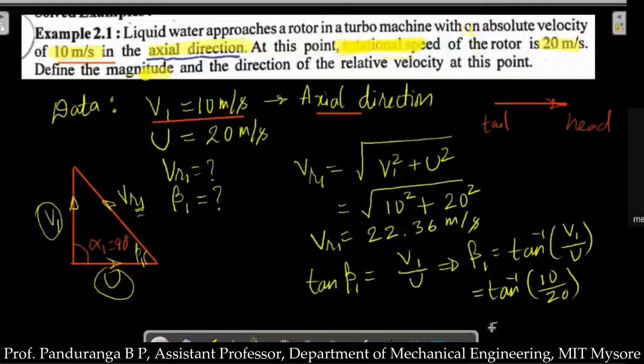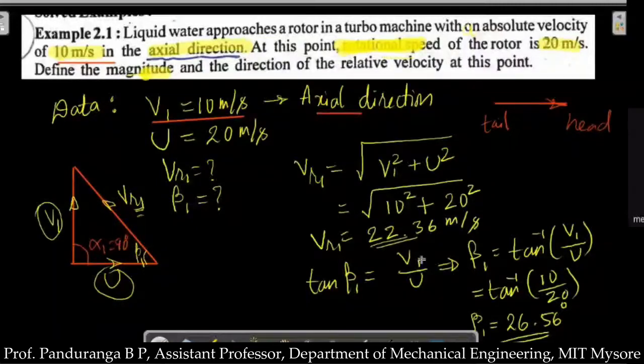What is tan inverse of 10 by 20, or half? Beta 1 will be equal to 26.56 degree. So that is the direction of the relative velocity, and the magnitude of relative velocity is 22.36 meter per second.